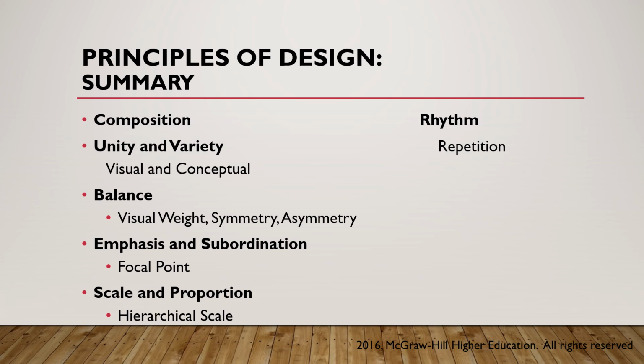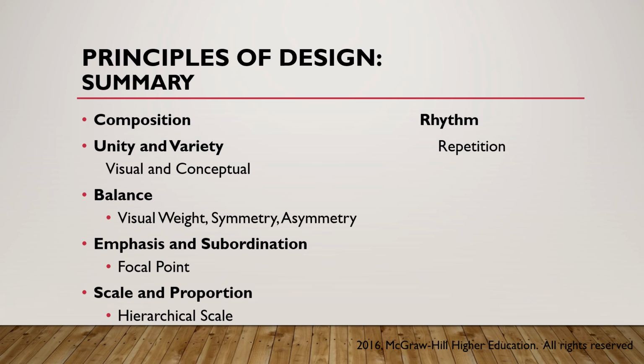So, like a circle, a triangle within a circle within a triangle within a circle. So the composition, it's all together and it's kind of closed in. It creates unity that way. Variety, though, is going back and forth between the 2 different shapes.